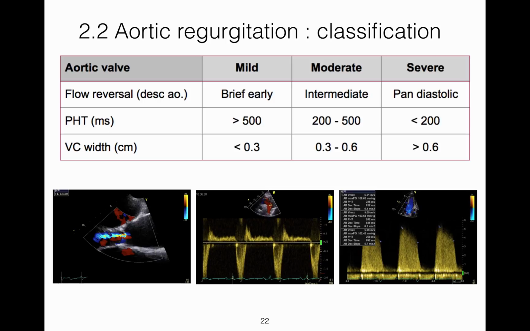For moderate aortic regurgitation, a vena contracta width between 3 and 6 mm, pressure half time between 200 and 500 milliseconds, and intermediate flow reversal, whereas severe aortic valve regurgitation is indicated when the vena contracta width is greater than 6 millimeters, pressure half time is very steep, less than 200 milliseconds, and when there's pan-diastolic flow reversal in the descending aorta.